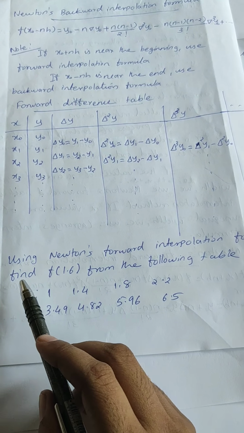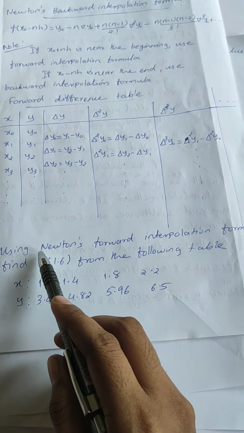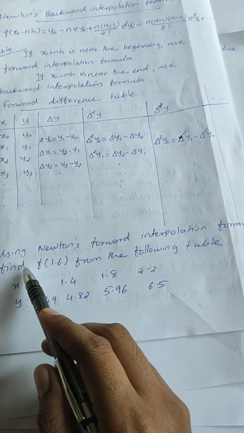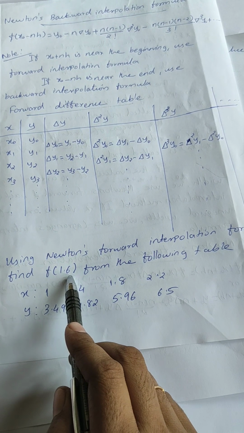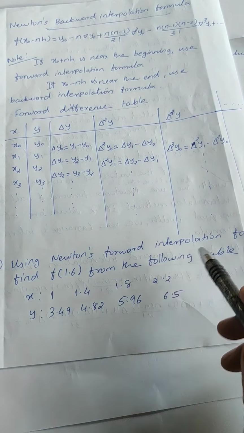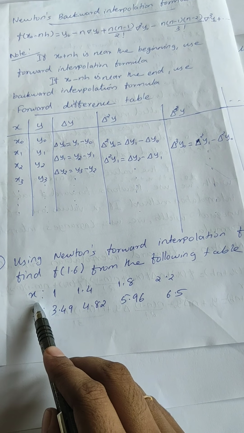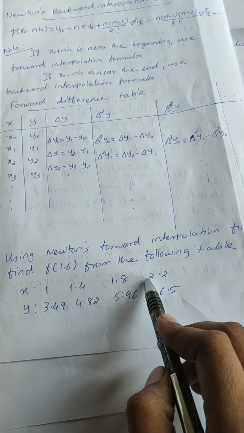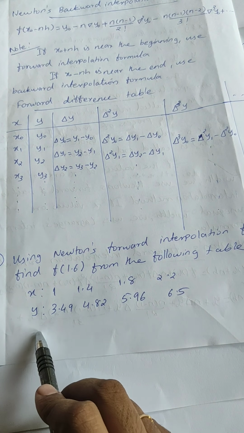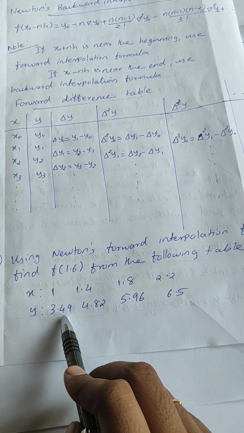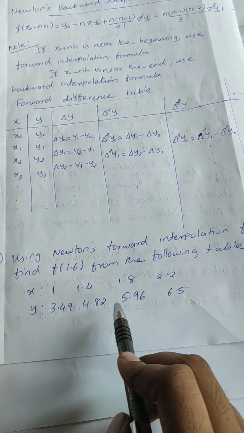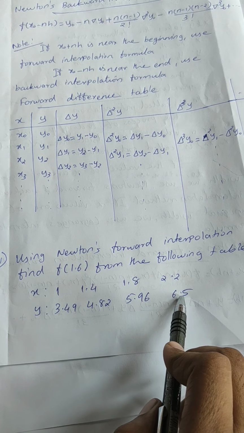Next, consider a problem. Using Newton's forward interpolation formula, find f of 1.6 from the following table. Here x values are given 1, 1.4, 1.8, 2.2. Y values are given 3.49, 4.82, 5.96, 6.5.